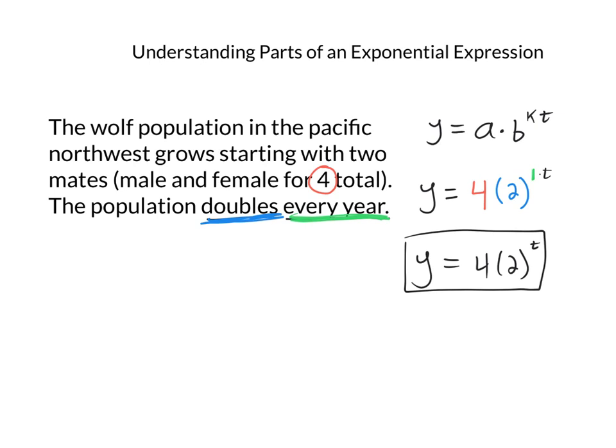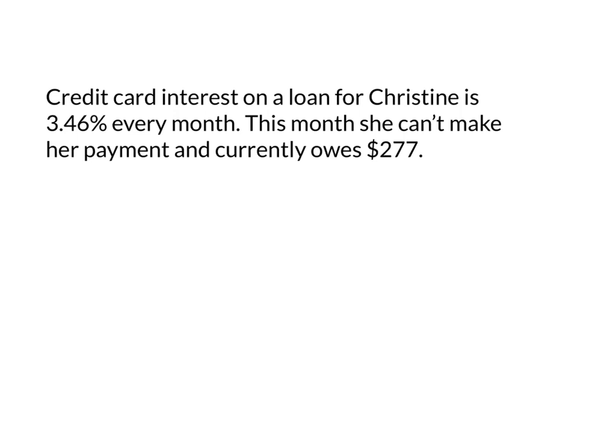Let's do a couple more because I think these are quite valuable. So credit card interest on a loan for Christine is 3.46% every month. This month, she can't make her payment and currently owes $277. So if I think about some of these examples, I'm going to look for a growth rate. I'm going to look for a starting point.